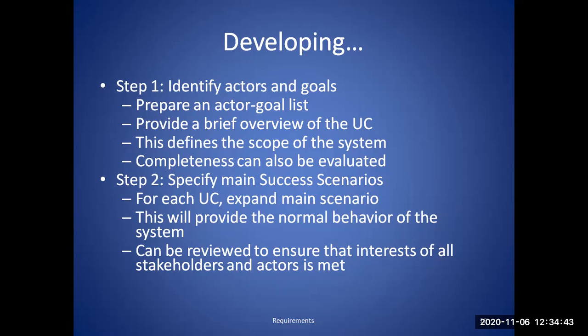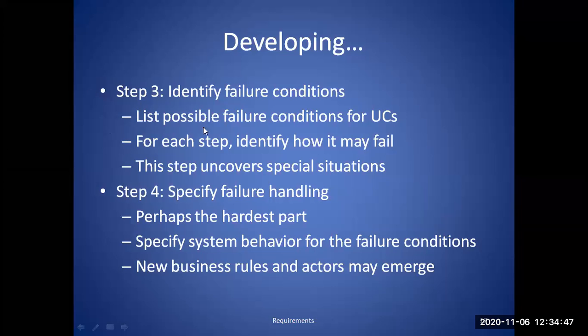Next, the third one, failure conditions. If the main success scenarios have been defined in the second step, then what will be the possible failure conditions for particular use cases? Identifying the failure conditions is a little bit easy, but it is not easy to handle them.